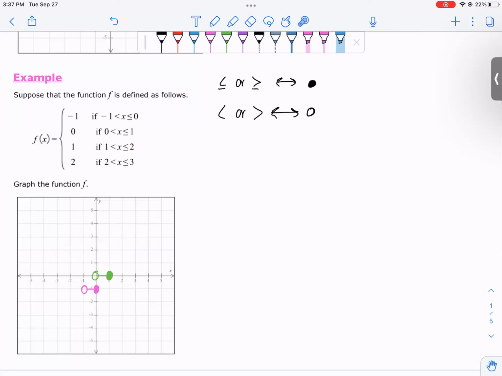For this next portion, between 1 and 2, the value of the function is 1. What color haven't we used? We'll do blue. The value of the function is 1, so the line y equals 1 would look like this.